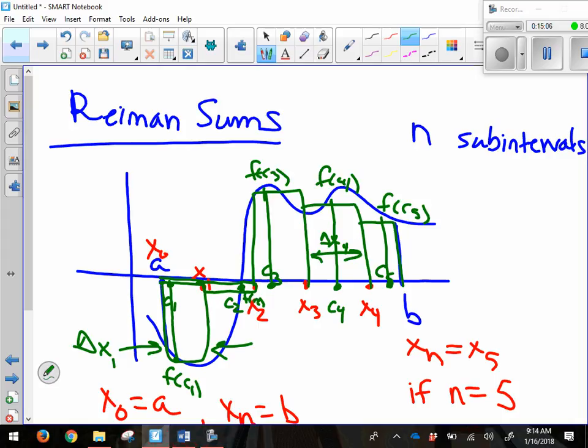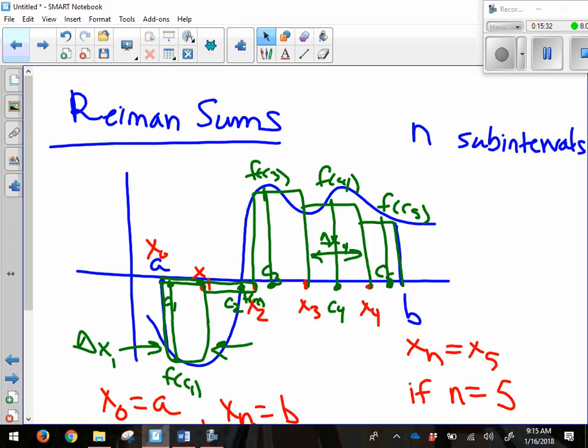So what the Riemann sum is really doing is giving you a defined way to use RAM. It's giving you a definition, a system, a way to choose the values that you need to choose to basically sum up the rectangles.